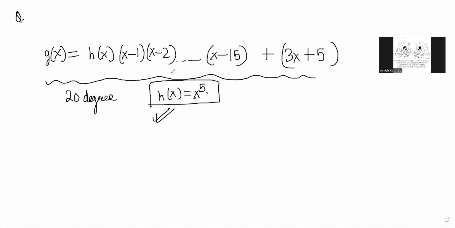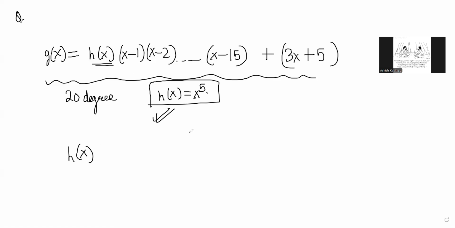But if you take h of x, for example, is this differentiable? It will be a polynomial, so it is differentiable.